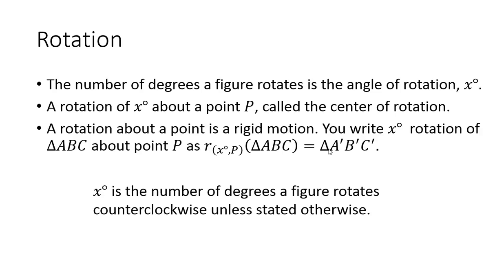And once you rotate it, that's going to give us our image triangle, triangle A prime, B prime, C prime. And in this class and in this video, the x degrees is the number of degrees a figure rotates counterclockwise unless stated otherwise.